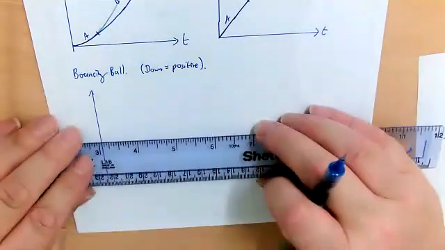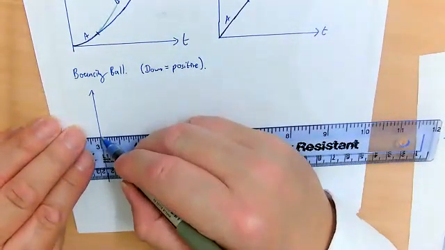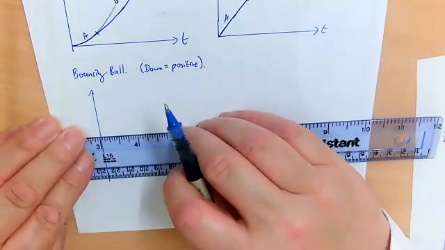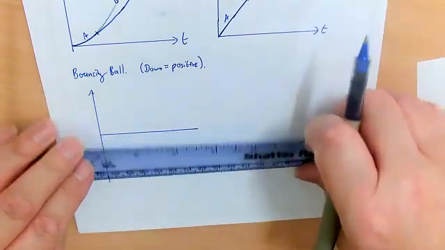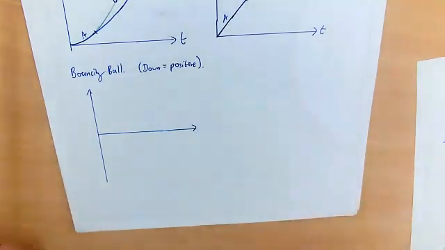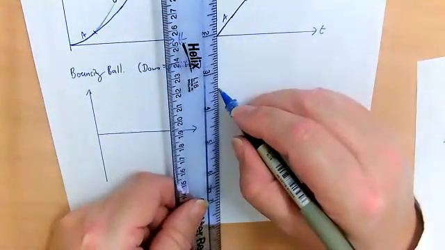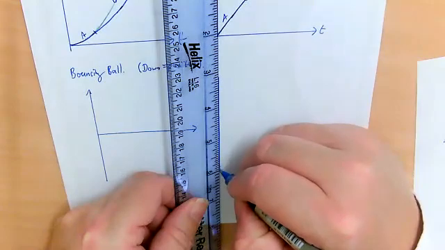So if you've got a bouncing ball, the first thing that happens is the ball's dropped from a certain height. In fact, I will do the displacement time graph and the velocity time graph next to each other with this, because I think it actually helps you to make more sense about it.